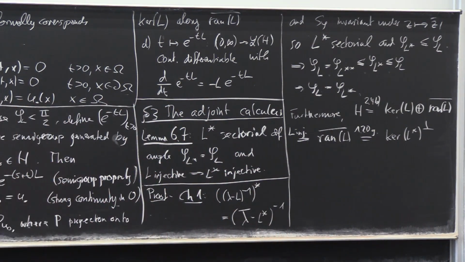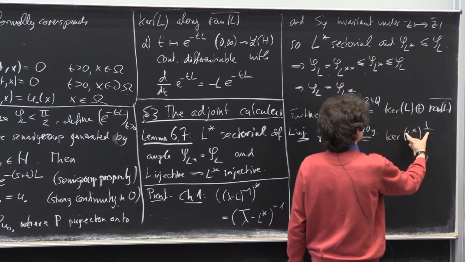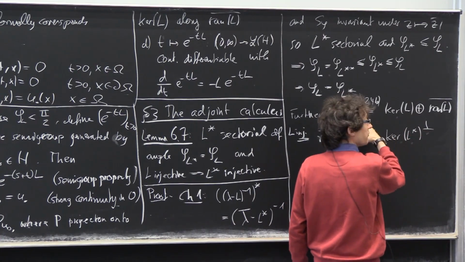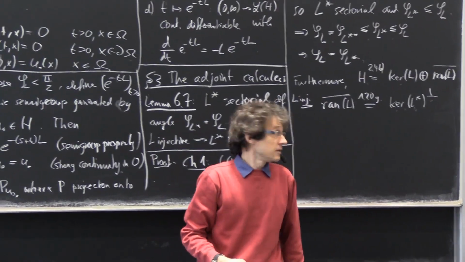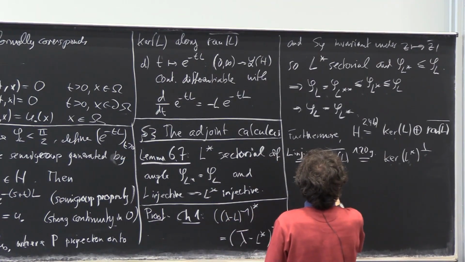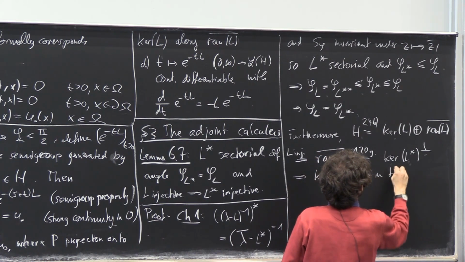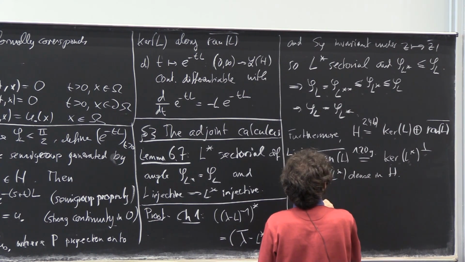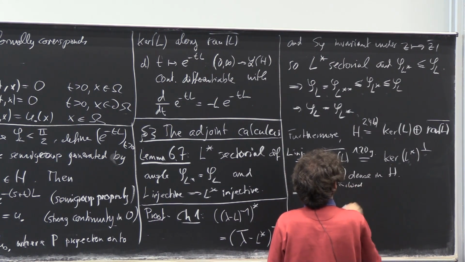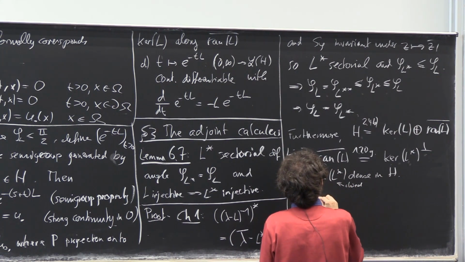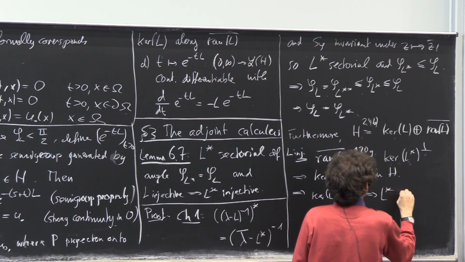Okay, so you know that the orthogonal complement of the kernel of L star is all of H. So this implies that the kernel of L star is dense in H. But now kernels of linear operators are always closed. So this is a closed subset. And a closed subset of H that is dense in H means that it's all of H. And this means that L star is injective.